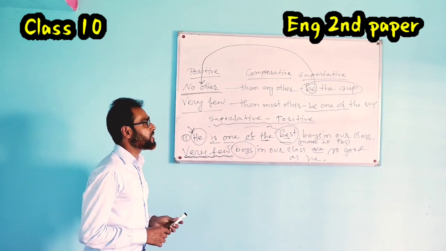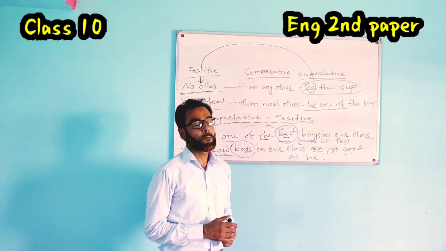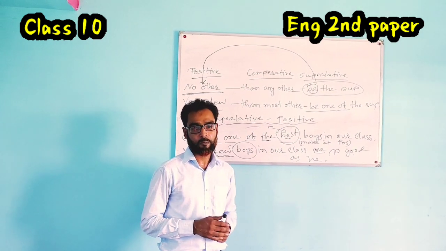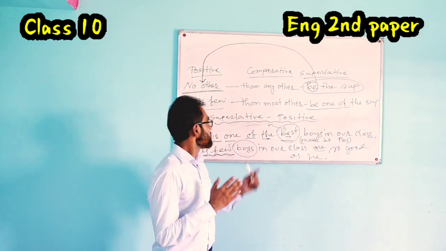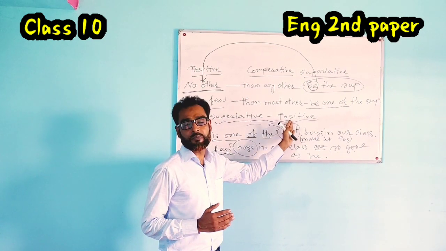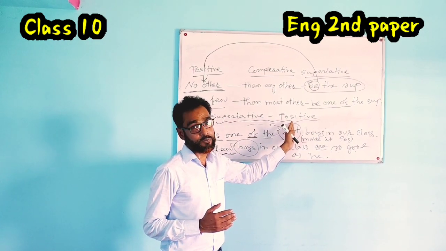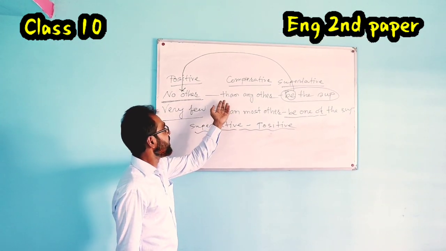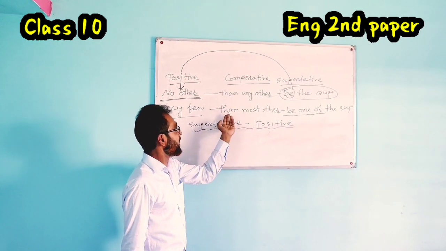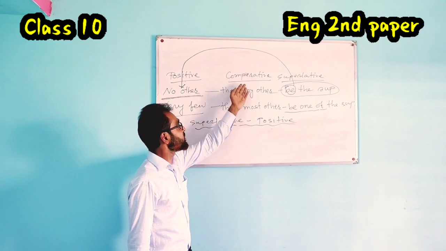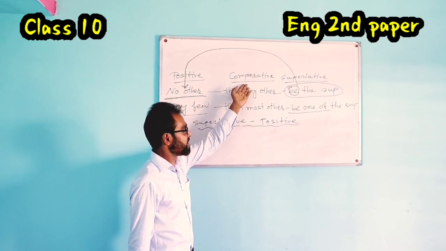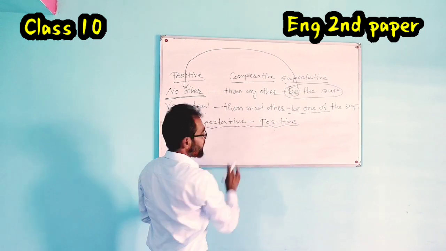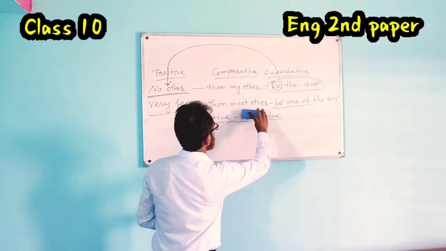Dear students, now I am going to show you how we can change from superlative to comparative. I hope all of you are with me. Then any other, and then most other, that will be comparative degree. Okay, now we are going to superlative to comparative.